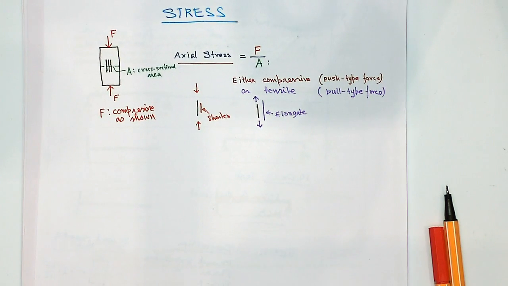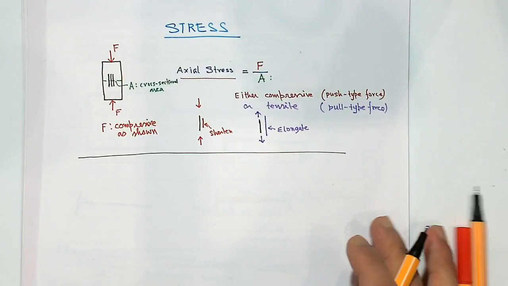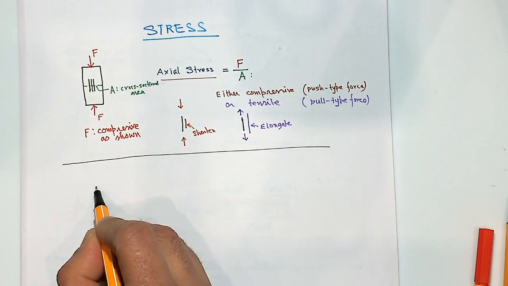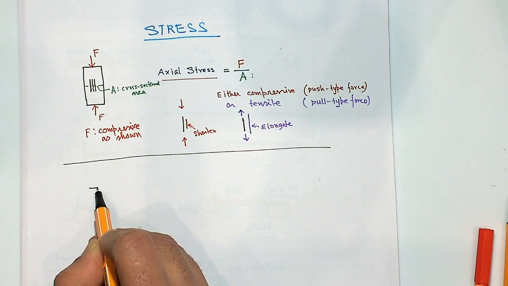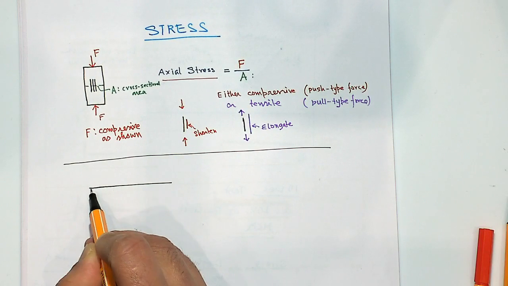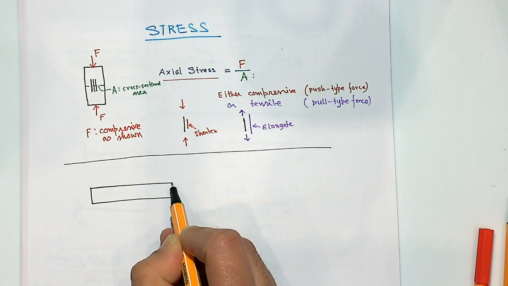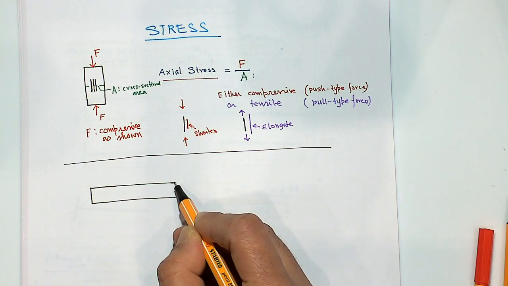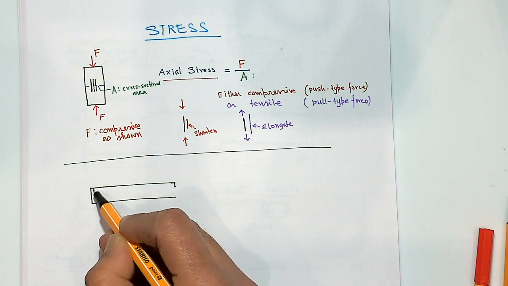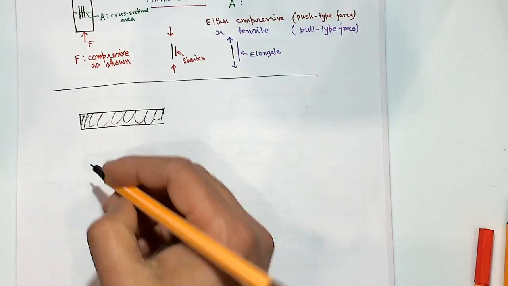The second aspect of the stress is this. If you have got this member, let me do it in the vertical way only.